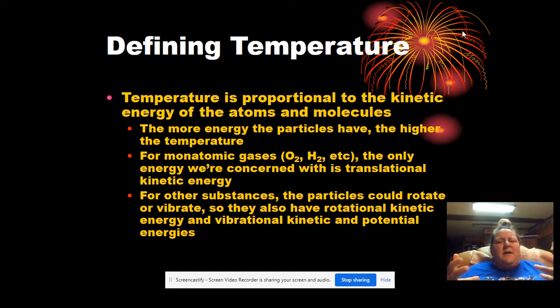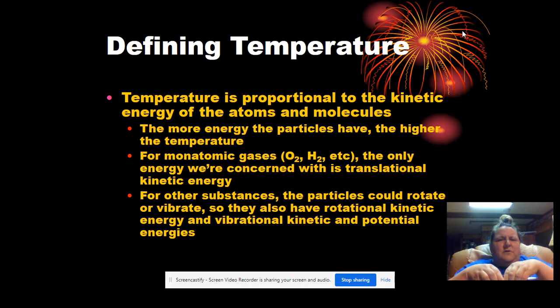When we talk about other substances such as solids, they're in a lattice work. They're more structured, so they're not free to move around as much, but they can vibrate.